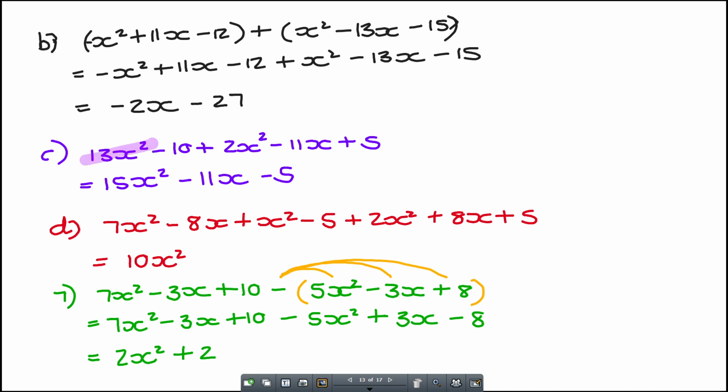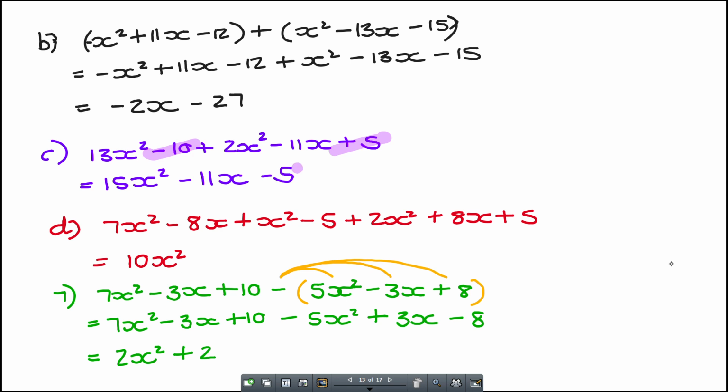So 13x squared plus 2x squared would give me 15x squared. Okay, then minus 11x didn't have any like terms, so it just stays minus 11x. Do you see that? Okay, then let's look at the constants. So I had minus 10 and then plus 5. And that gave me minus 5.